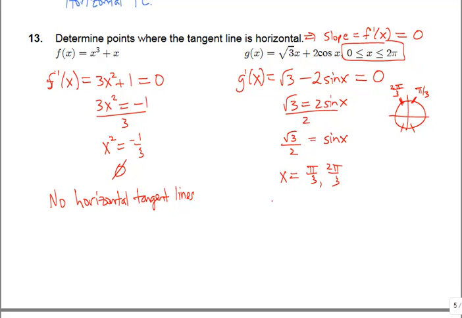So at these 2 points, at x equals pi over 3 and 2 pi over 3, we have horizontal tangent lines. So if you were to sketch the graph of this curve, you would see either maximums or minimums at those two x values.